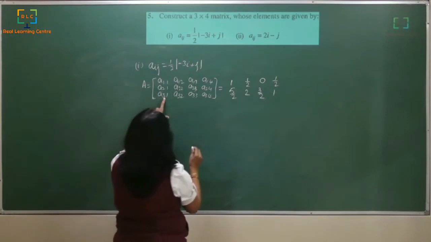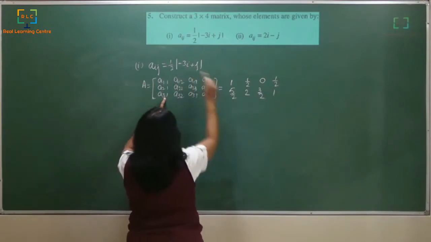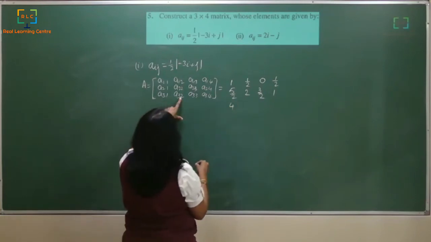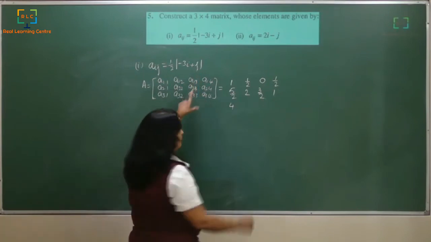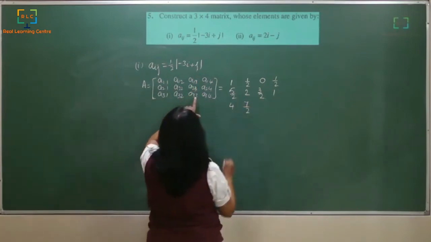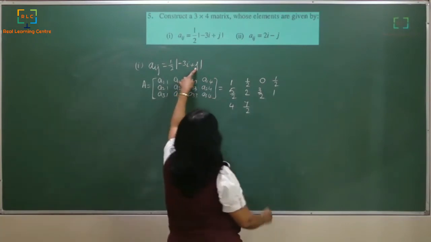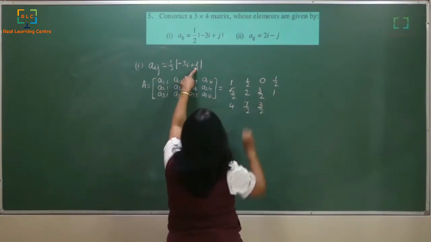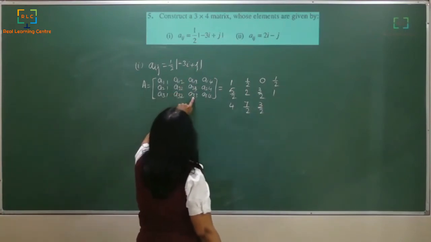And then 3 and 1: minus 9 plus 1 is minus 8, 8 by 2 is 4. 3 and 2: minus 9 plus 2 is minus 7, so this is 7 by 2. And this is minus 9 plus 3. No, one moment, this will be 3 and 3, is it not?